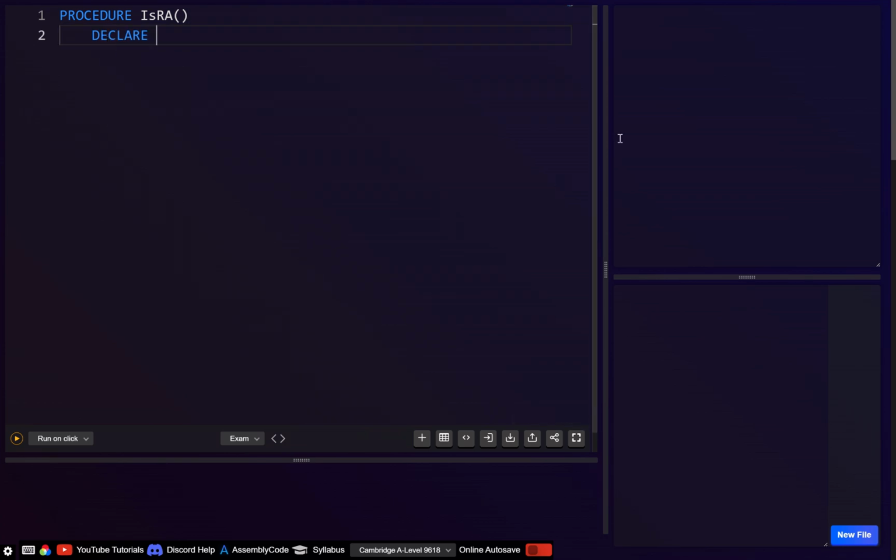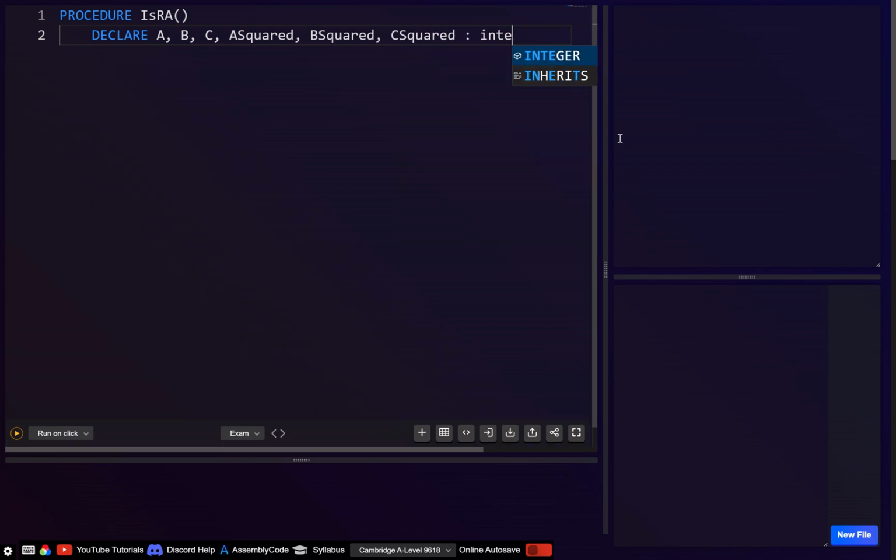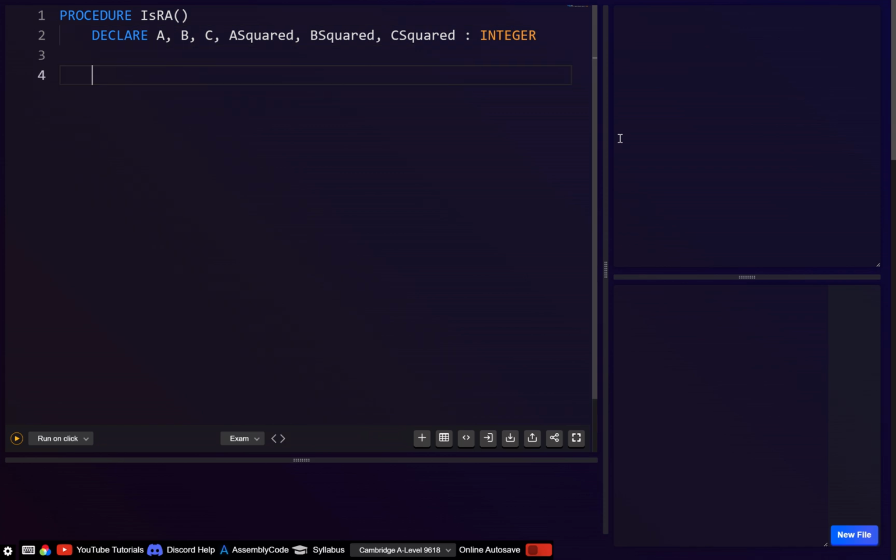So let's declare some local variables, just A, B, C. But I think we also want A squared, B squared, C squared, because for the equation we need to calculate the squares as well. They're going to be integers, I think that's what it told us.